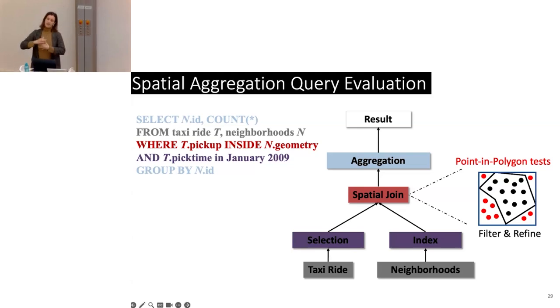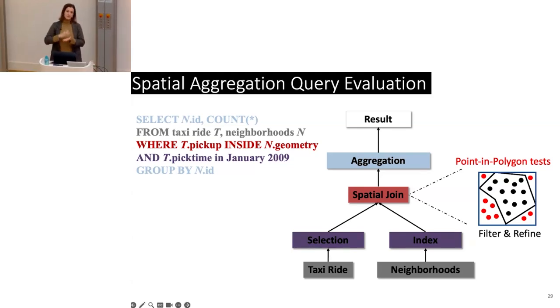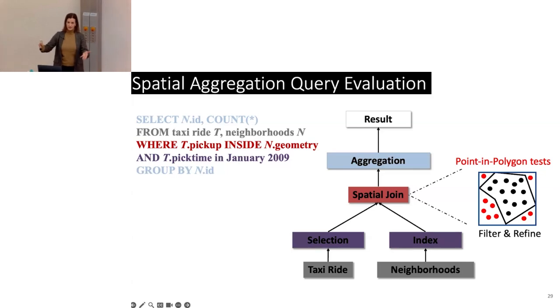Now, if we focus on the spatial join operation, which is the most expensive part of this query, this follows, like classic approaches, the filter and refine evaluation pipeline that I introduced today. So first, to calculate which are the taxi pickups inside each neighborhood, we just approximate the neighborhood polygon with the minimum bounding rectangle that encloses the neighborhood, and we just try to find pickup locations that are inside the rectangle.